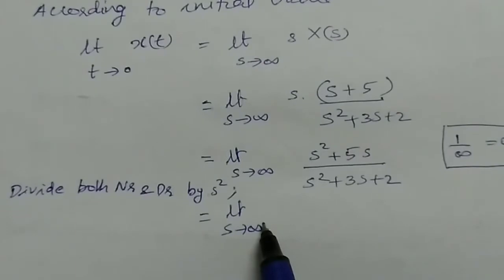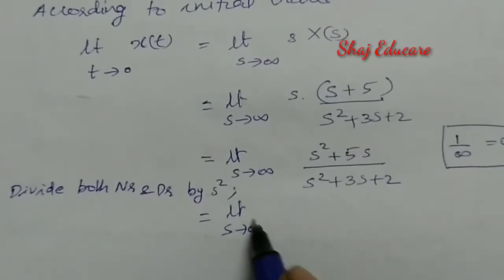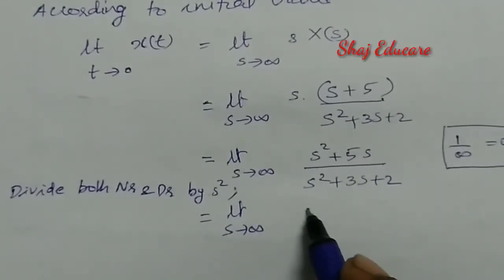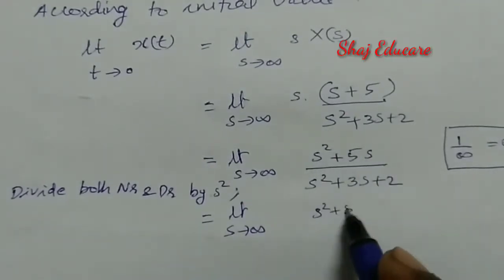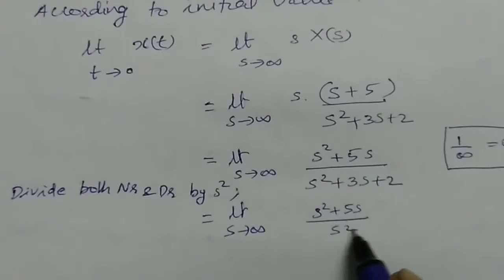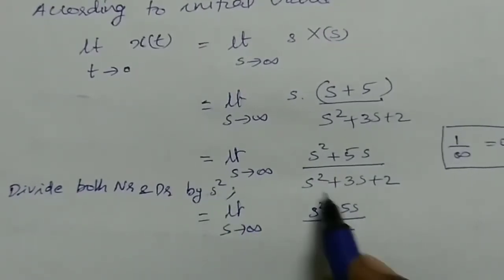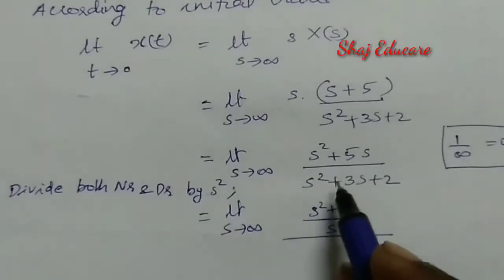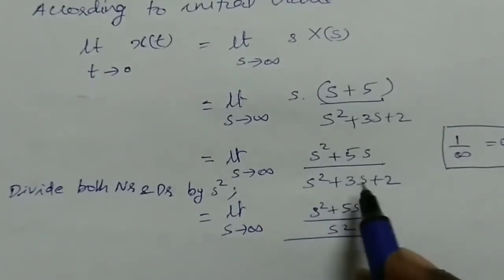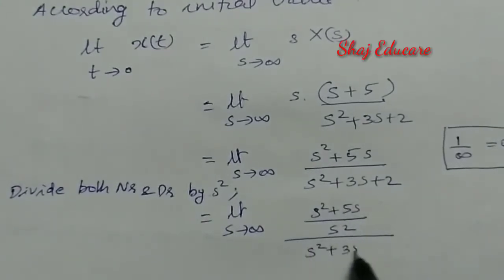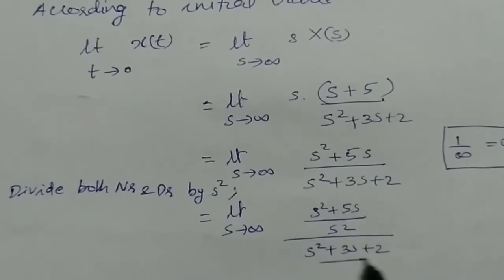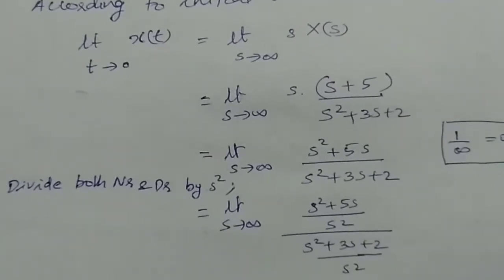Then we have the limit as s tends to infinity. This is the numerator, s² + 5s, divided by s². Then the denominator is also divided by s²: this is the denominator, s² + 3s + 2, divided by s².